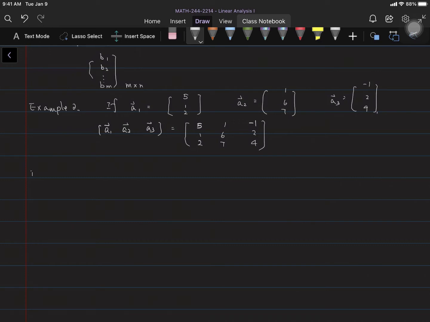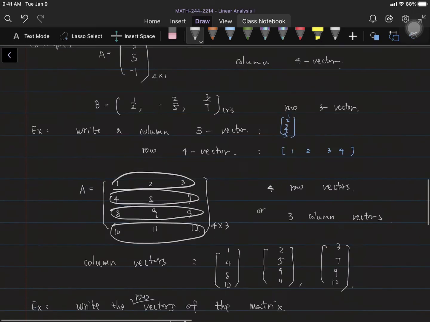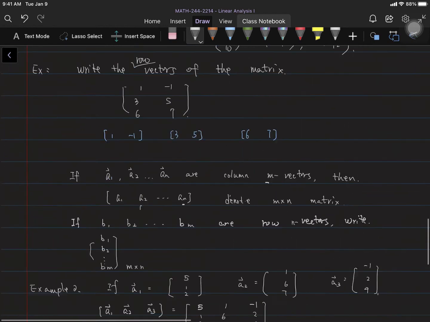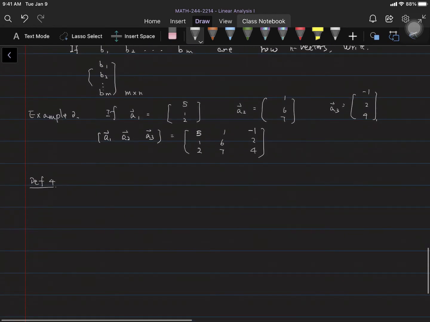The next definition is pretty important. Definition 4, it's called the transpose of a matrix, because in the future we're going to use this.